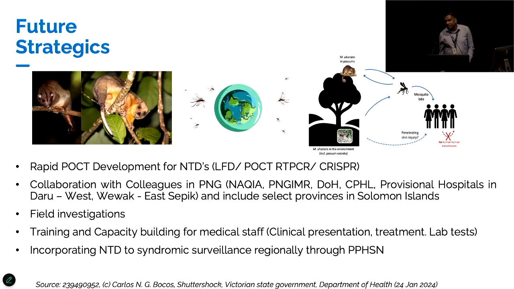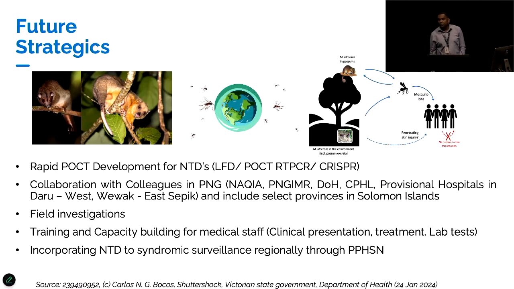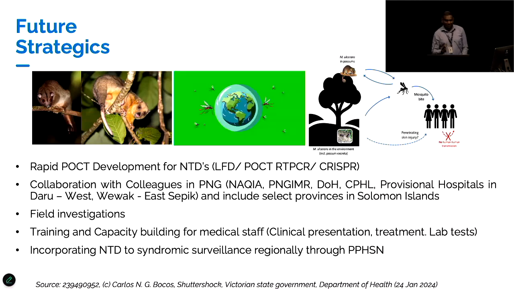And the future strategies that have been described in our earlier sessions include rapid point of care development for neglected tropical diseases. Multiplexing is definitely the way to go, especially in low resource and poor income countries, as well as lateral flow devices. CRISPR technology is looking to move into lateral flow devices as well, which will be fantastic with its higher sensitivity and specificity.